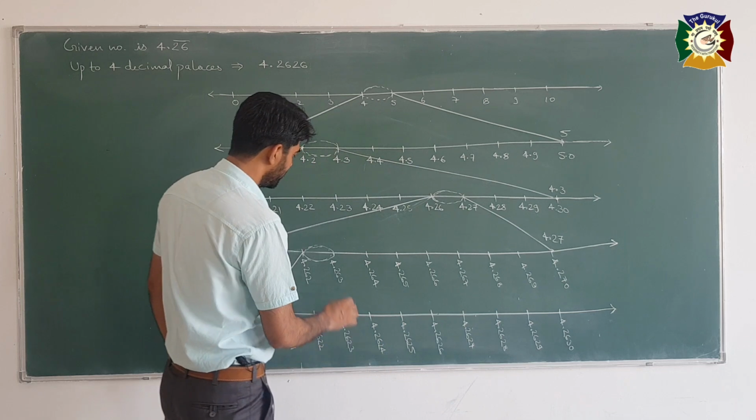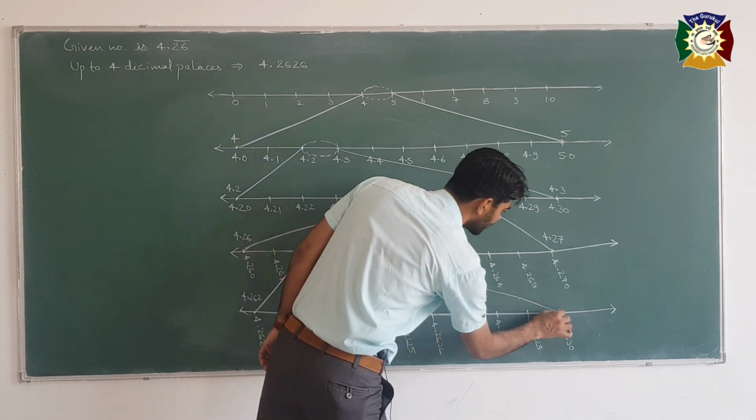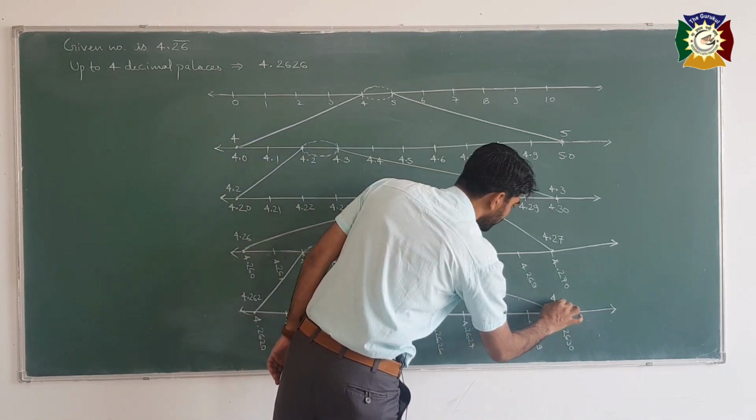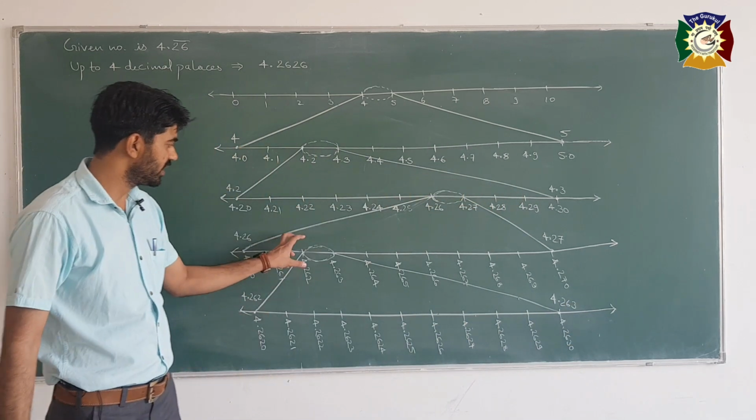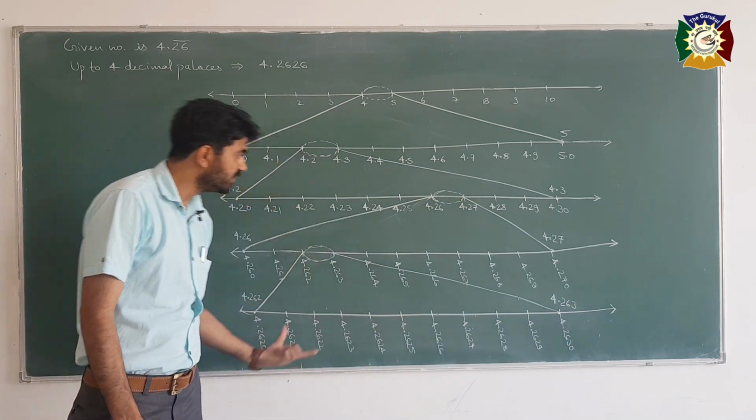So this is the number 4.263. Okay, so we have magnified this gap on this line.